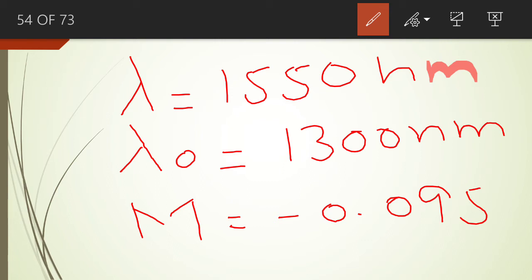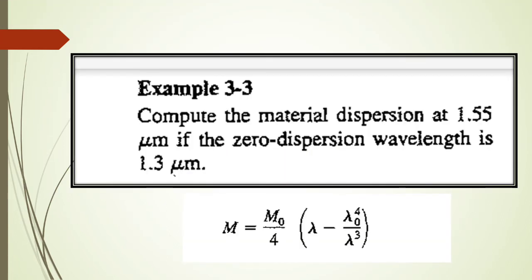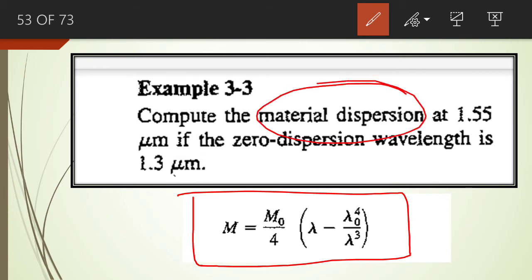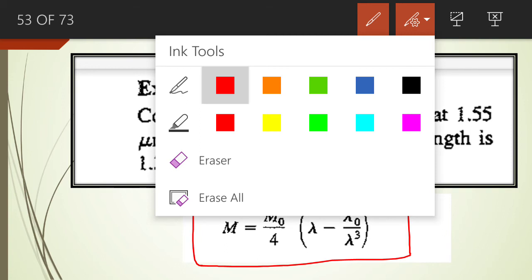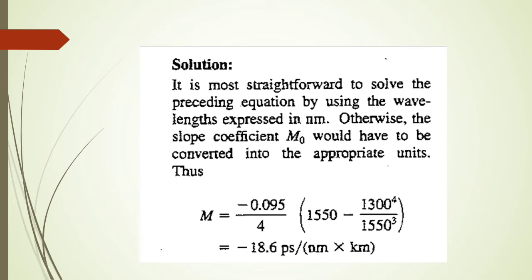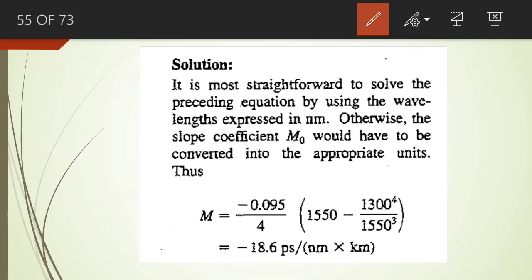We will put all these values in this particular equation to find out the material dispersion in this numerical example. We calculate m with the help of this equation. Here is m naught, which is minus 0.095.